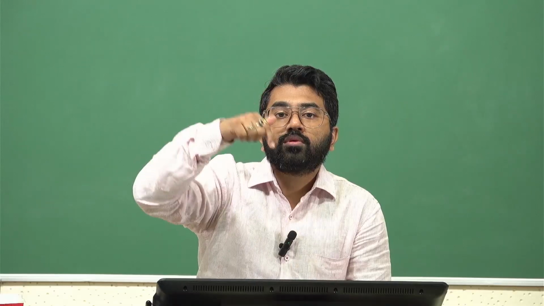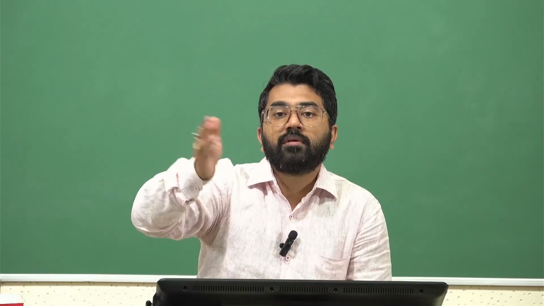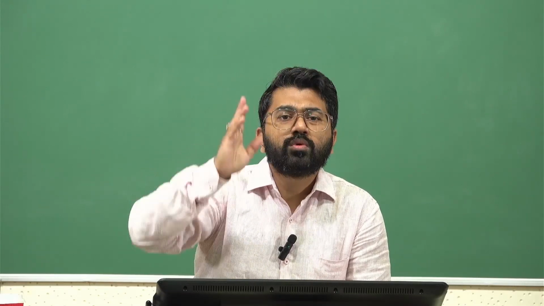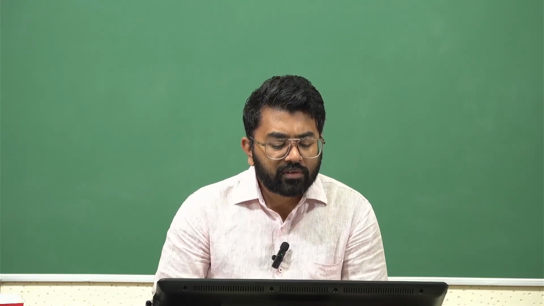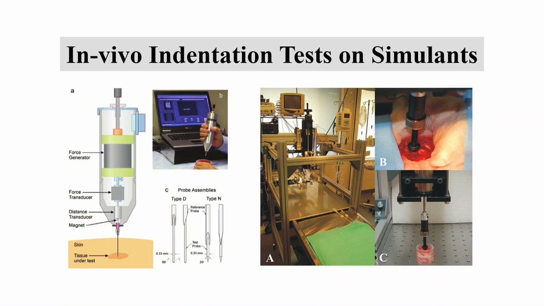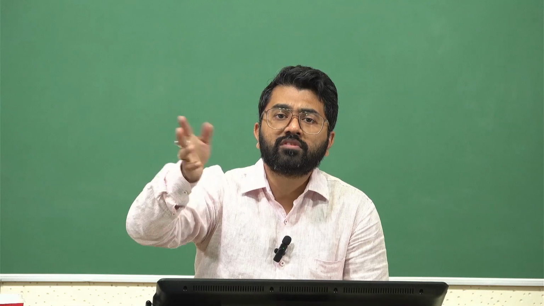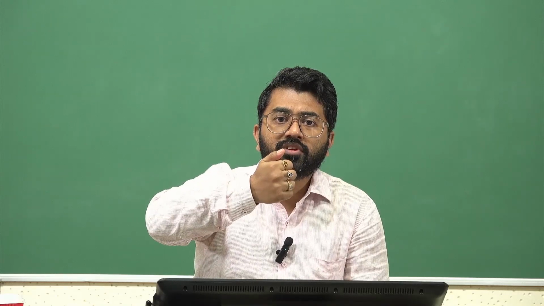It will basically cause a displacement and measure the load dynamically for a small range like 0 to 1 millimeters, let's say. So there are different types of needles, like probe assemblies. We are not calling them needles per se, they're probes. In figure B, this person is trying to poke into a material simulant which is a mimic for brain tissue, and as the computer records the force versus displacement, he's trying to do that precision poking.